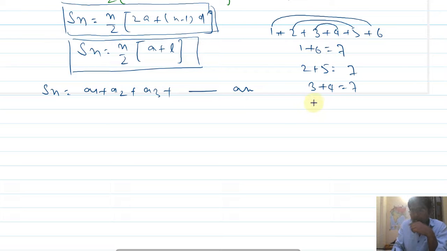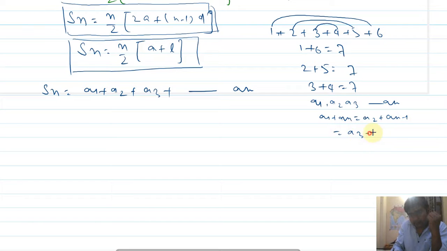That means if we have a sequence a1, a2, a3, up to an, then a1 plus an equals a2 plus a(n minus 1) equals a3 plus a(n minus 2), and so on.